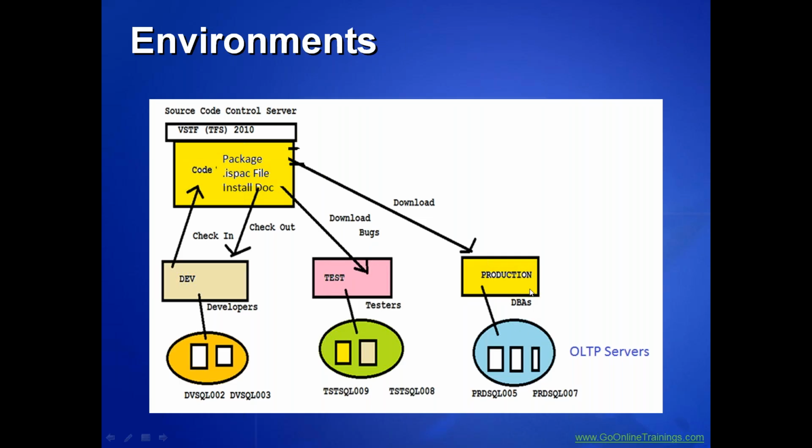These servers are completely maintained by one more team, the DBA team. So database administrators. These guys cannot understand stored procedures. These guys cannot understand the code in queries, and nothing they can understand. Whatever code you are giving, these people can install and run the code in the production environment. Clear?